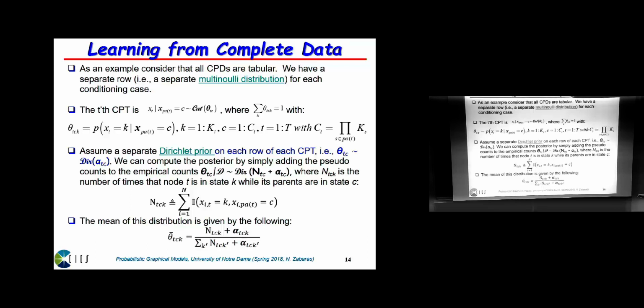Okay? Again, I will show you this in a specific example, but basically this is how these discrete distributions, these conditional probabilities, are defined using a multinoulli or categorical distribution. So what we're going to do is, and now I expect that you have some elementary understanding of the Dirichlet distribution. If not, send me an email and I will send you a few pages from maybe Bishop's book or Murphy's book to read.